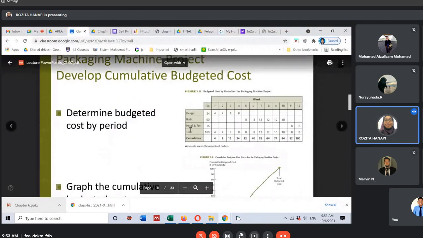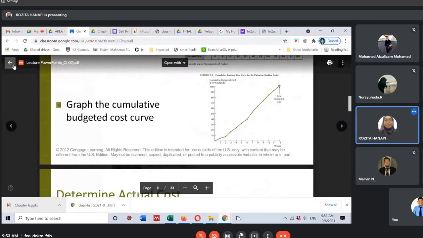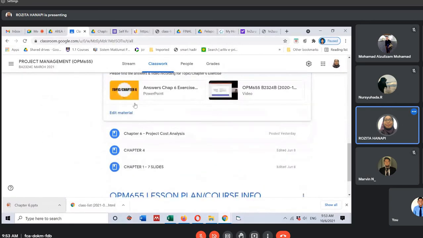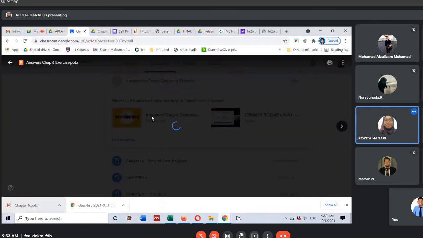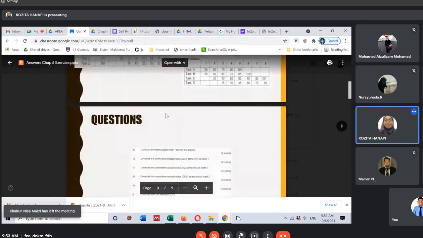Okay. This one is the notes from the textbook. This is the answer, let me borrow it to check whether it is correct.